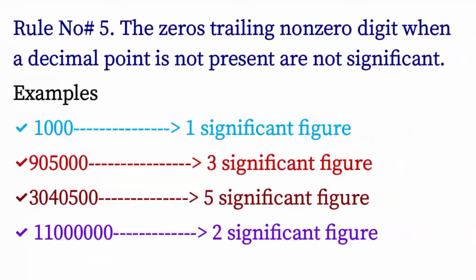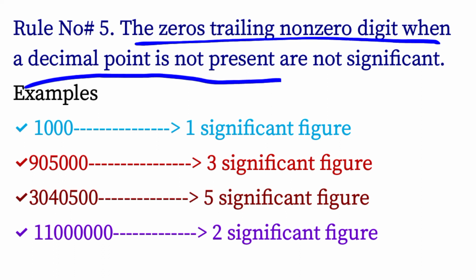The last rule, rule number 5, says the zeros trailing a non-zero digit when a decimal point is not present are not significant. Put this in mind. The zeros trailing a non-zero digit when a decimal point is not present are not significant.